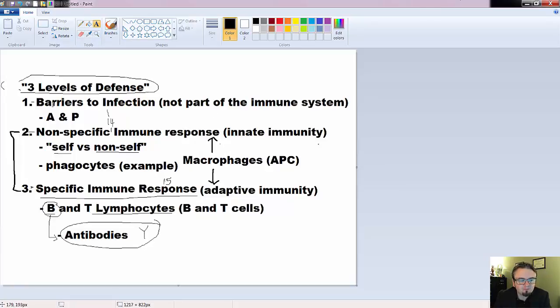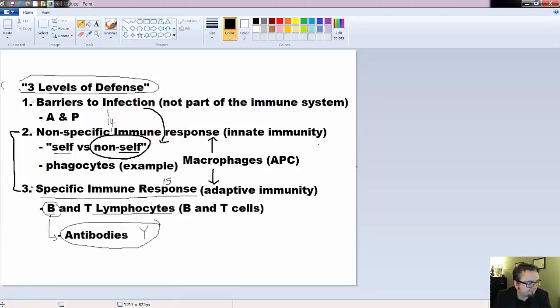So what's going to happen is ultimately you're going to have some kind of microbe pass the barrier to infection. They're not going to be stopped here in the first layer. They're ultimately going to get into the second layer here. And that's going to trigger a response to a non-self entity. So the body is going to recognize there's a non-self entity there, and it's going to attack it.